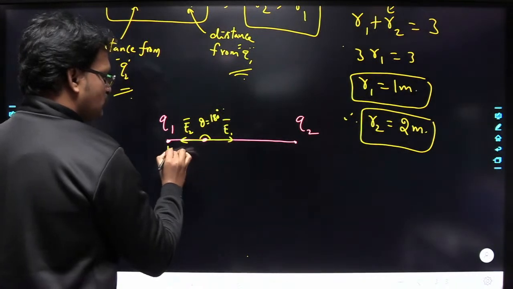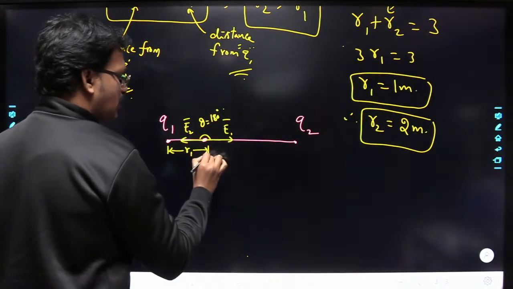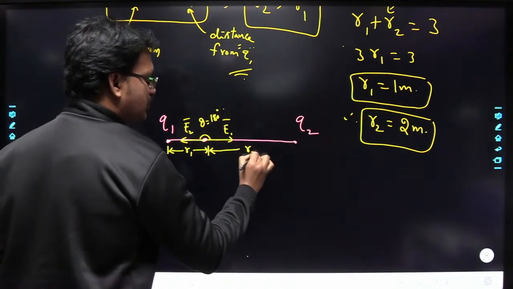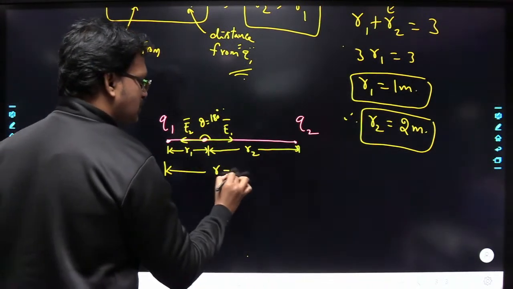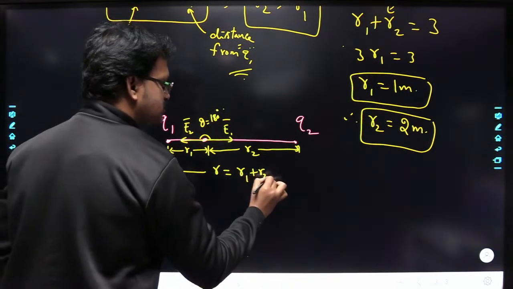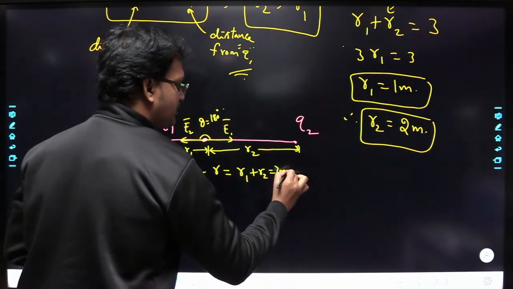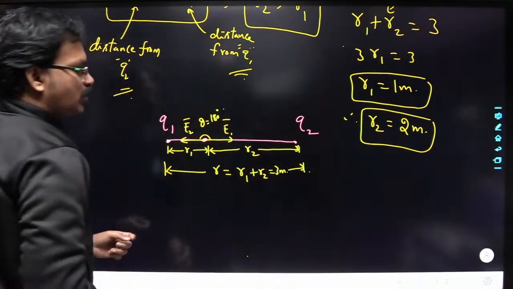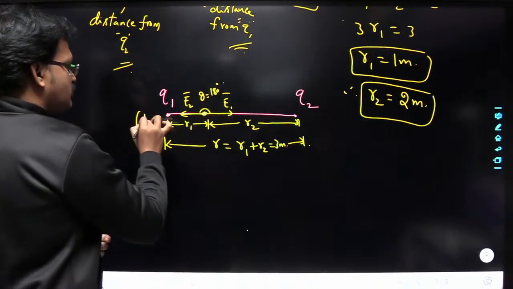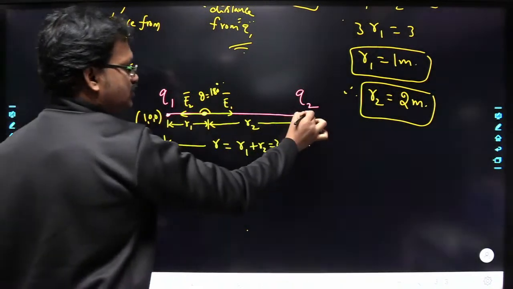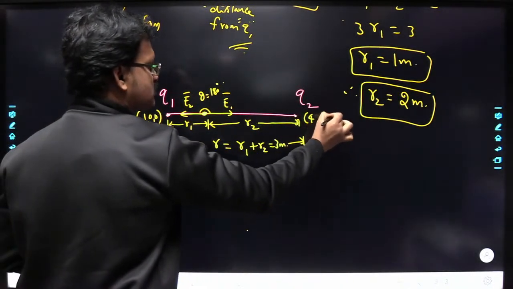The distance from Q1 to this point is R1, and from here to here is R2. So the total distance is R, which is equal to R1 plus R2, which is equal to 3 meters. Here this point is 1, 0, 0, and this point is 4, 0, 0.